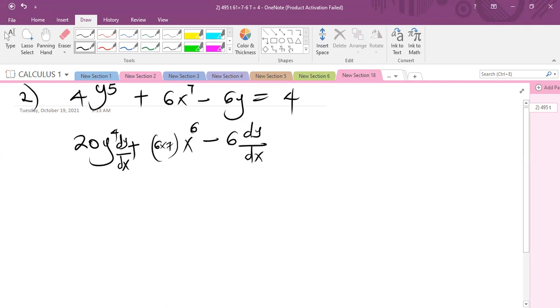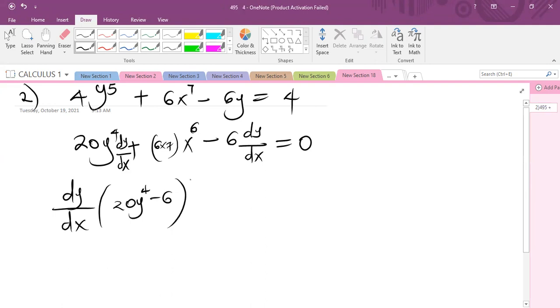Where there's y, don't forget to put the dy/dx. It is equal to 0. So you can bring the dy/dx's together, factor out dy/dx, then you have 20y^4 minus 6. And then the values that don't have dy/dx, you can take them to the other side.